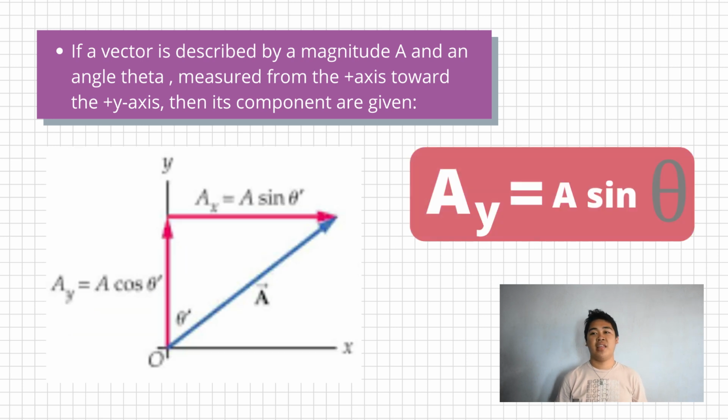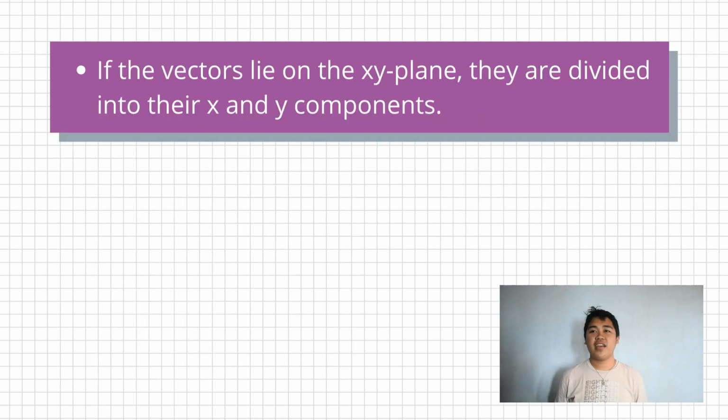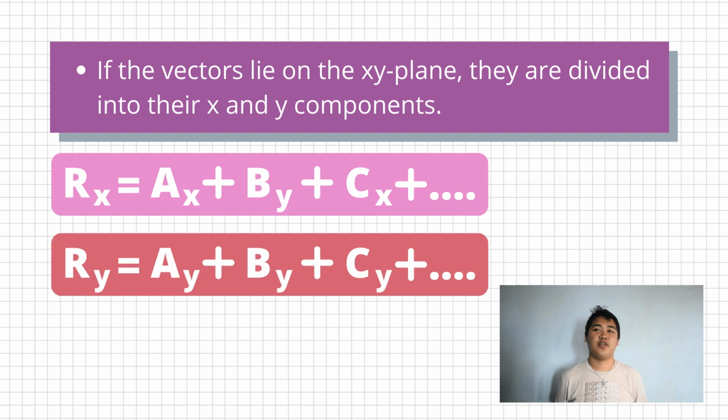If the vectors lie on the x-y plane, they are divided into their x and y components. Then we calculate the x and y components of the resultant vector by adding the x and y components of the vectors to be added.